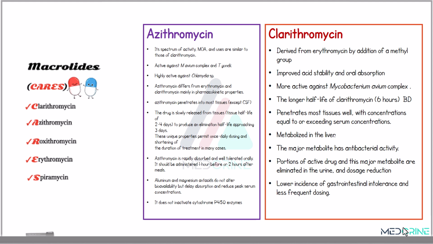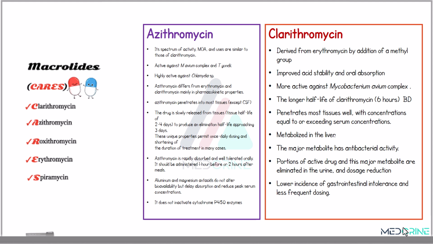Clarithromycin penetrates most tissues very well with concentration equal to or exceeding the serum concentration, and generally is metabolized in the liver, and the active metabolite has an antibacterial activity.